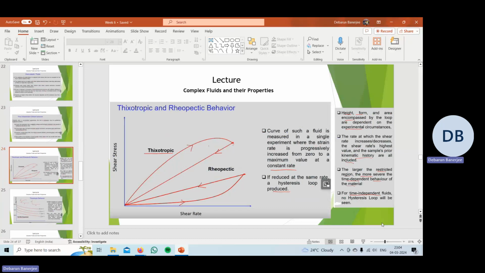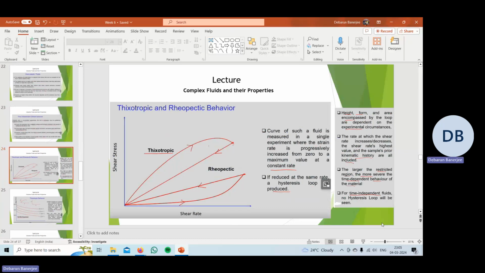In these curves, you can see the curves of such a fluid measured in a single experiment where the strain rate is progressively increased from 0 to a maximum value at a constant rate. If it is then reduced at the same rate, a hysteresis loop is formed.